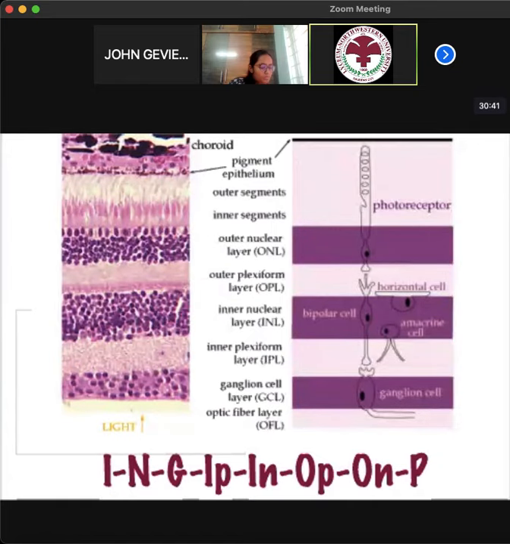So this is just a histologic section of the retina. Depending on you, you can make your own acronym for you to remember them.